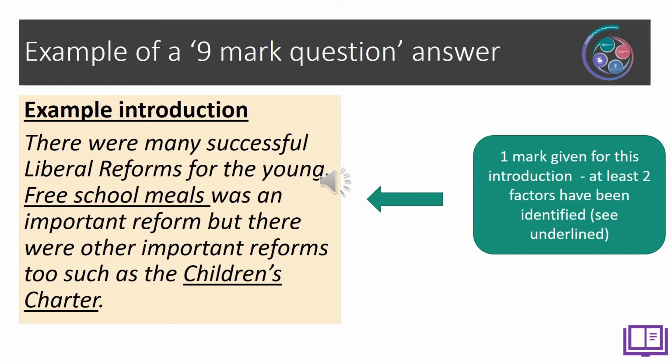The second sentence, which includes free school meals and Children's Charter, which you can see underlined, lists the factors that's going to be discussed in this 9-mark answer. So overall, for this introduction, 1 mark was given, because at least 2 factors have been identified, and you can see them underlined on the screen in front of you.